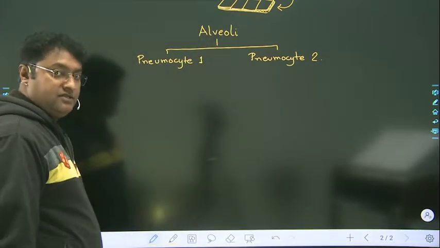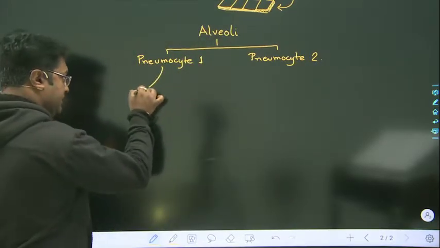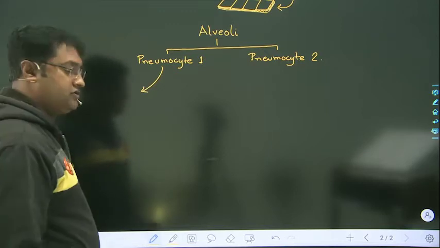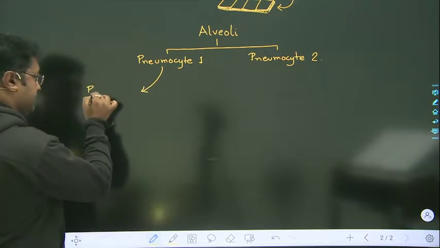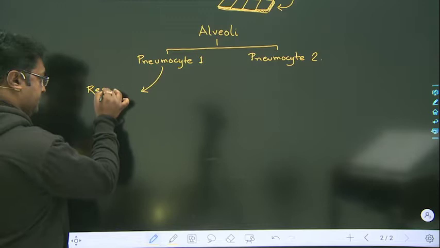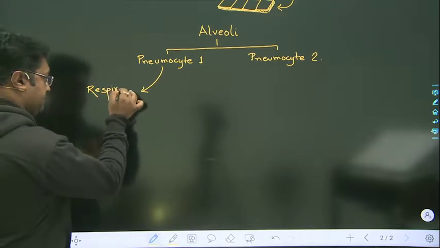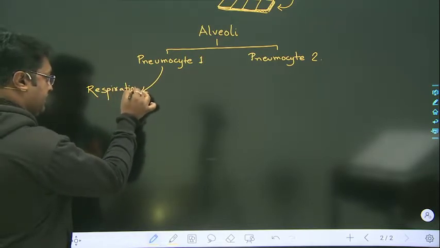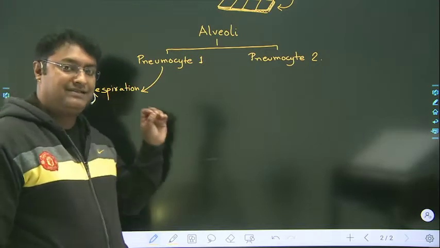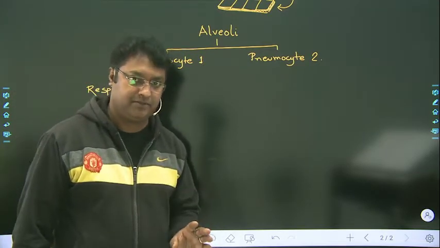What are their functions? Pneumocyte 1 is mainly responsible for respiration, helping in the diffusion. So they will be mainly involved in the direct respiration process.